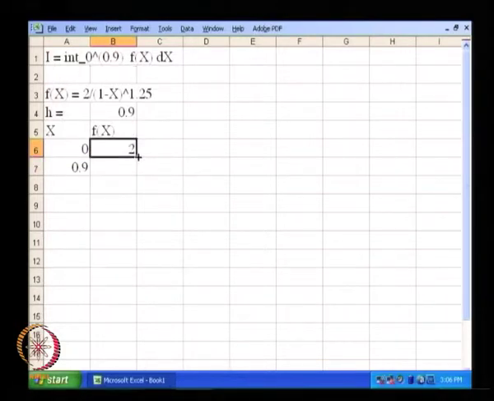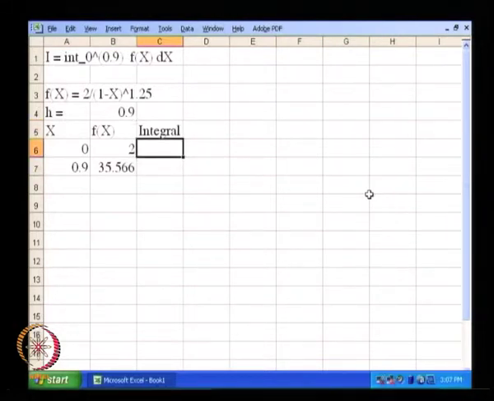And we just go and drag this. So this is the value of f of x at x equal to 0, and this is the value of f of x at x equal to 0.9. And our volume is going to be just the final integral at x equal to 0.9.